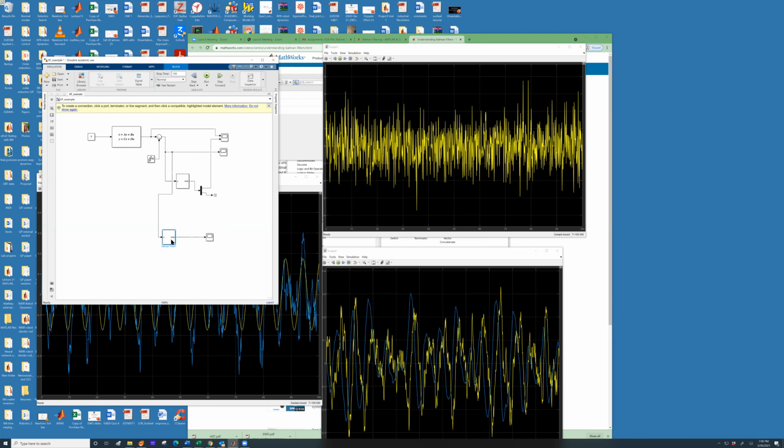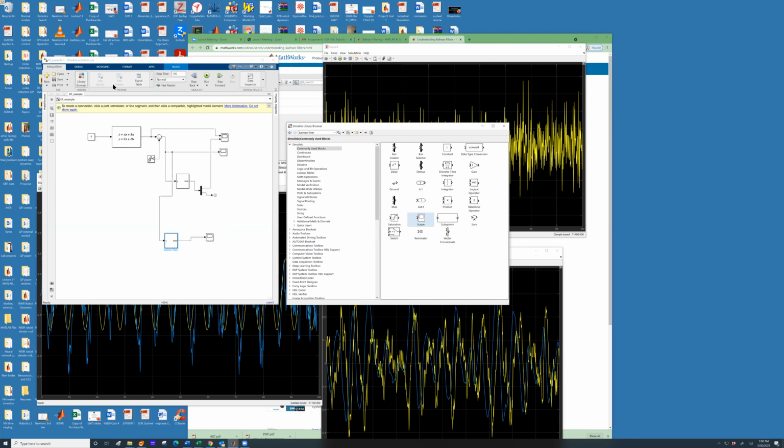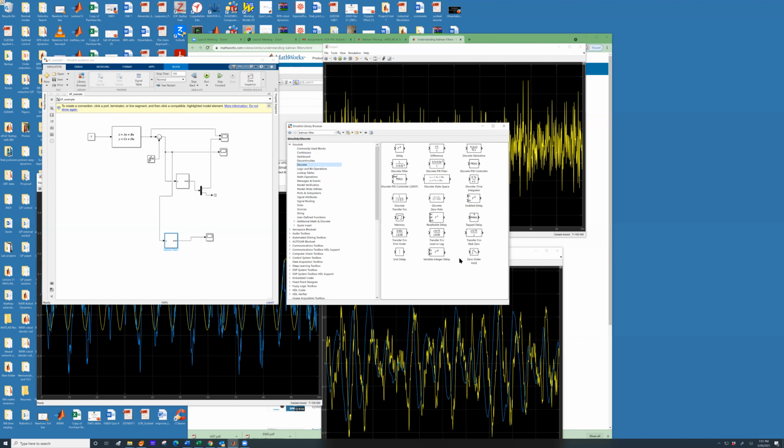There is another way of doing this. You can convert a continuous system into a discrete system. The way you can do that is go to library browser, and then you will see commonly used blocks, continuous, discrete, and there is something called a zero order hold.